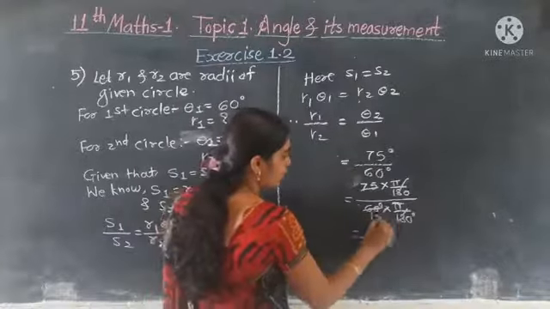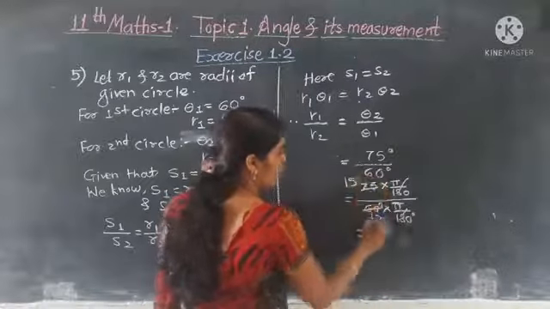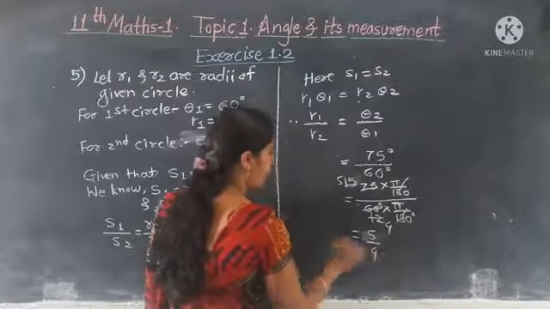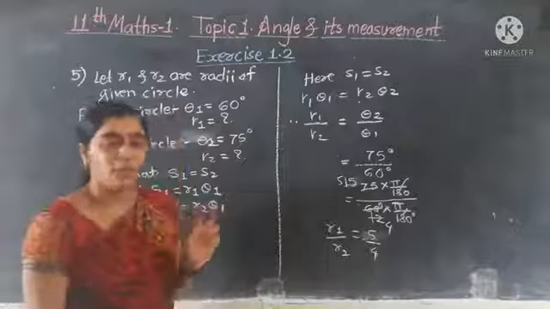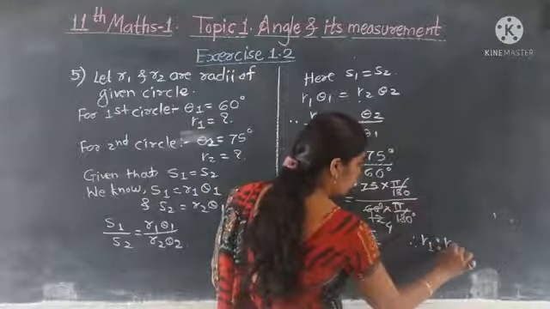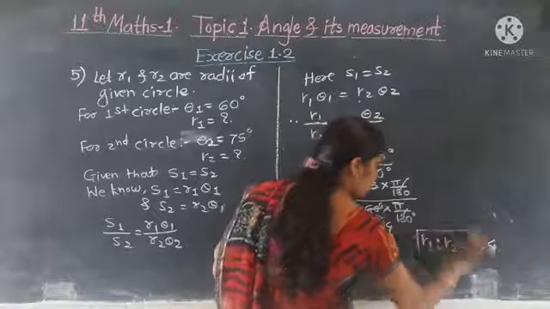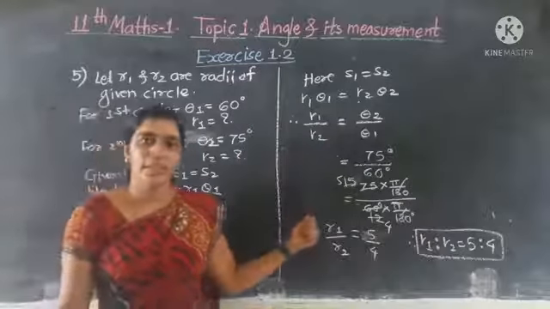That is 5 by 4. We get R1 upon R2 as 5 by 4. That is, R1 is to R2, we want the ratio. We get the ratio as 5 upon 4. Okay, understand?